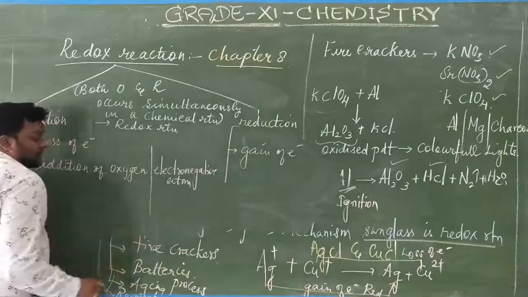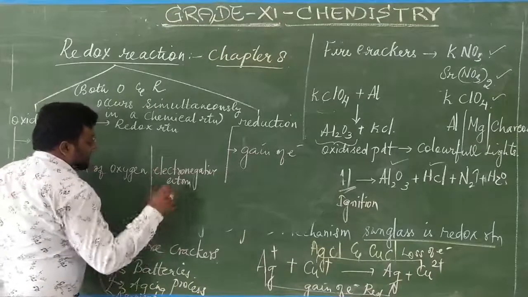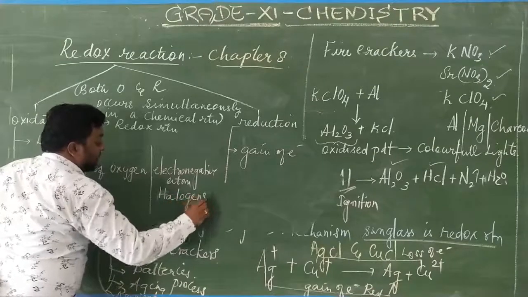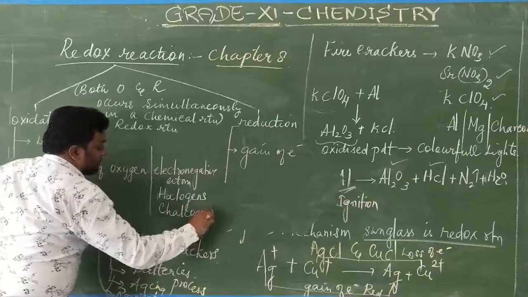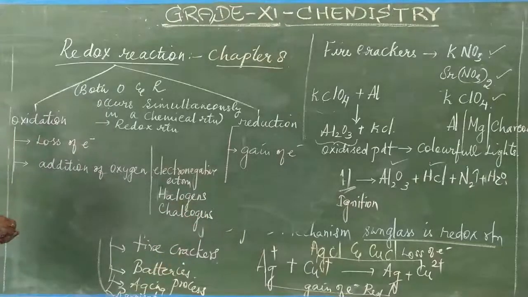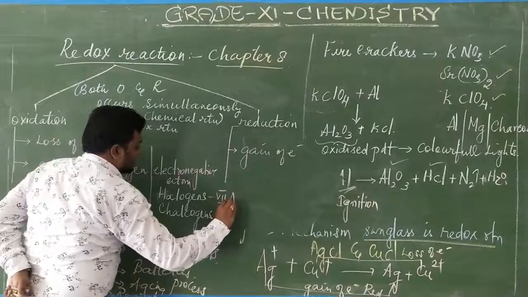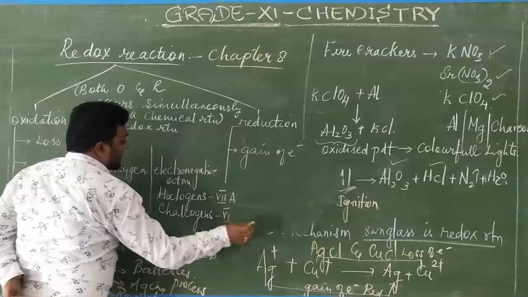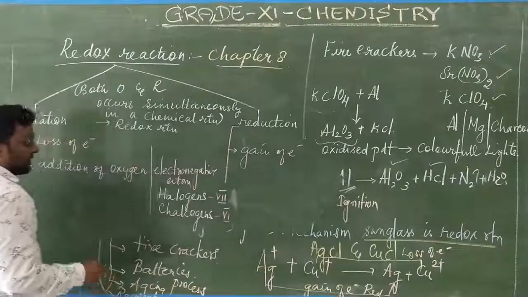Electronegative atoms are p block elements, the elements present in the p block. For example, the halogens and the chalcogens. Halogens are p block elements, non-metals of group 7A of the periodic table. Chalcogens are group 6A of the periodic table.